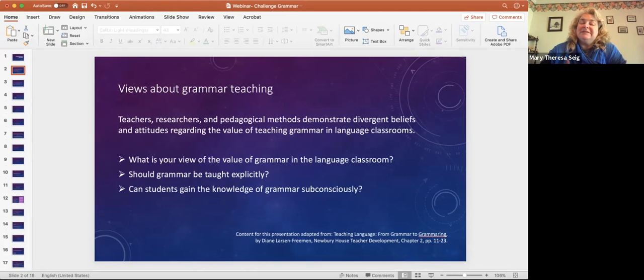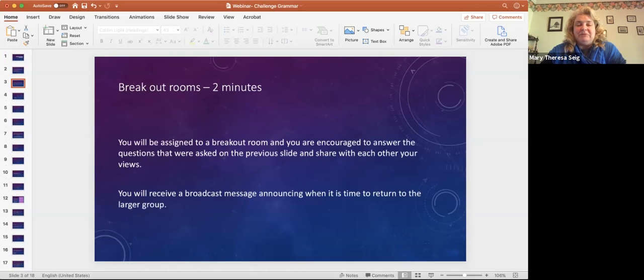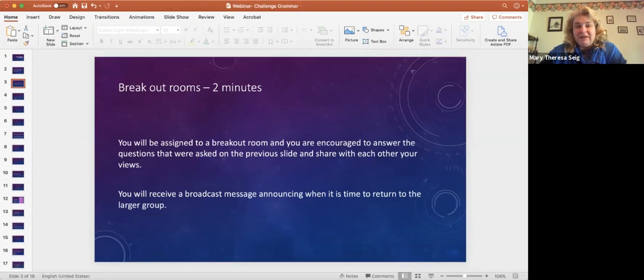Should it be taught explicitly? Do you think that students can gain a knowledge of grammar subconsciously? So just have a short discussion. It's only going to be a 2-minute breakout. Actually, it'd be 3 minutes by the time it's finished, because you will be there for 2 minutes and then you will receive a message in the breakout room that tells you have 1 more minute to come back to the larger group. Okay, so let's see how this works.